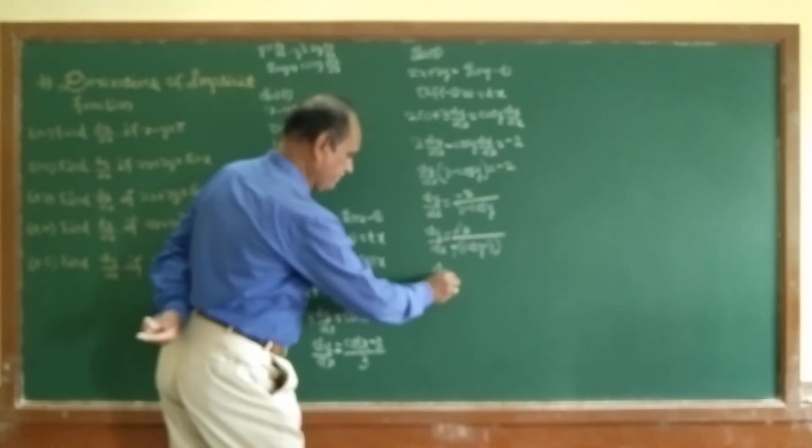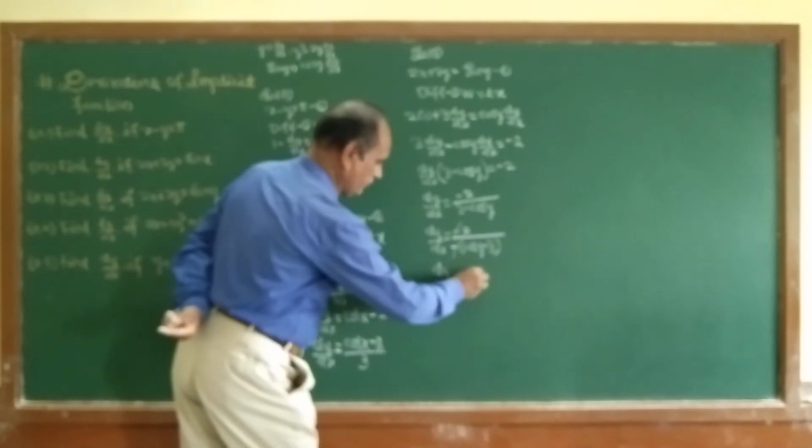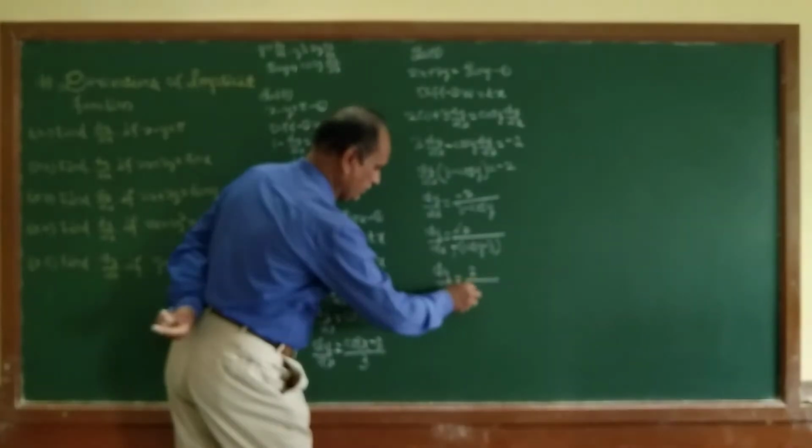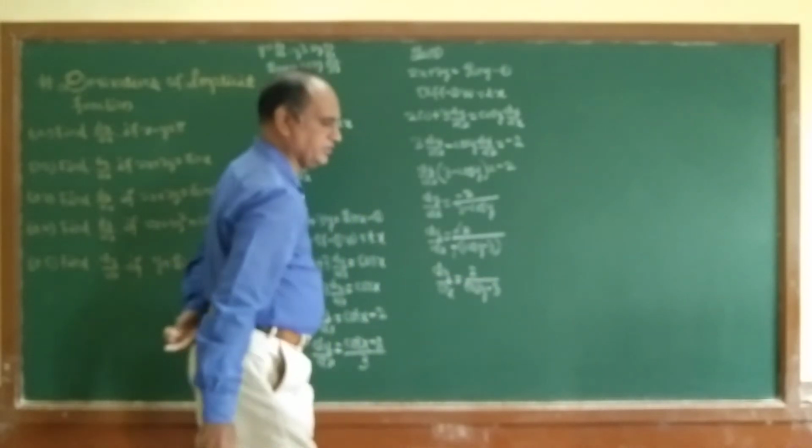Therefore, at the end, dy by dx is equal to 2 divided by, in the denominator, cos y minus 3, is the required answer.